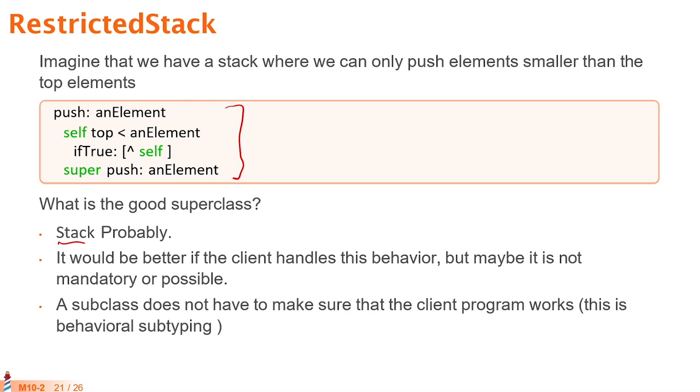Maybe this kind of behavior should be better handled in the client and not hidden in the restricted stack, but maybe it's not mandatory or possible. This depends on the problem we are solving. And also, a subclass does not have to make sure that the client program works.